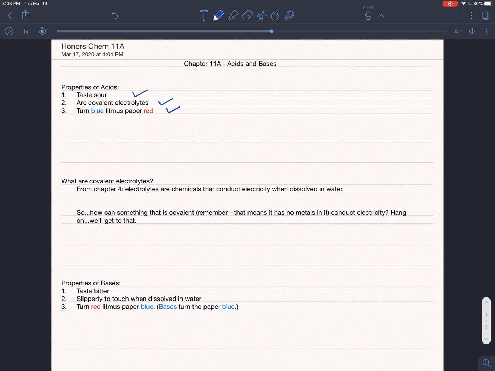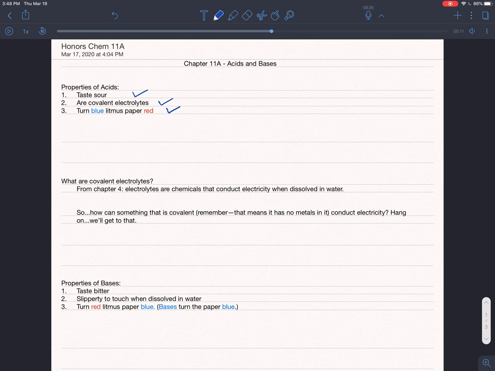Now I want to talk for just a minute about what litmus paper is. Litmus paper is a type of indicator. What is an indicator? An indicator is a chemical that undergoes a distinct observable change, usually a color change, when the conditions in the solution change.